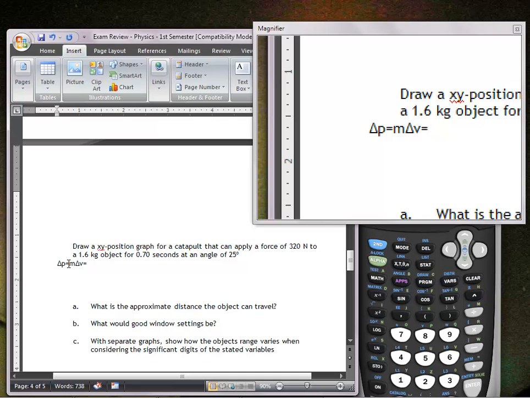That's also equal to a force times a change in time. And so in this particular problem, we know everything in there except for the change in velocity.